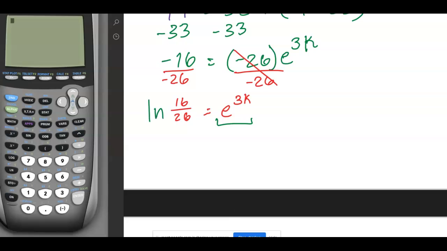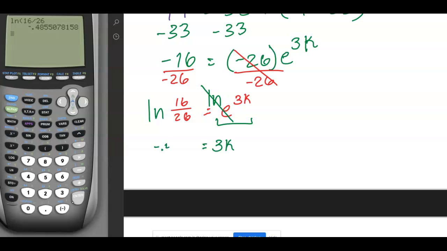So you take the natural log of both sides, and the natural log and the base of e will cancel, leaving us on the right-hand side with just 3 times k. On the left-hand side, I am going to find the natural log of 16 over 26.